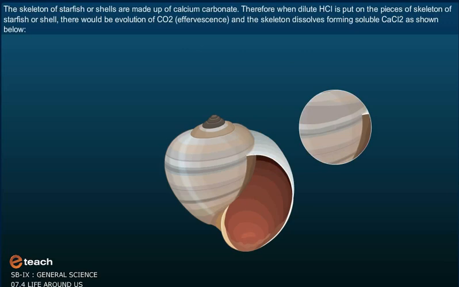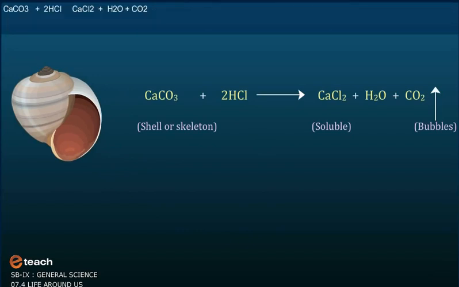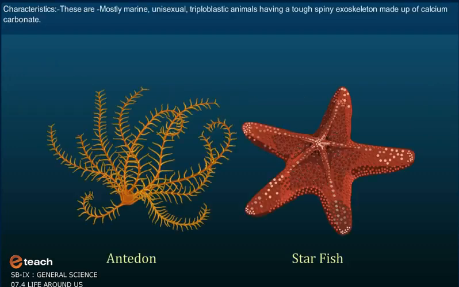Therefore, when dilute HCl is put on the pieces of skeleton of starfish or shell, there would be evolution of CO2, effervescence, and the skeleton dissolves, forming soluble CaCl2 as shown below. CaCO3 + 2HCl → CaCl2 + H2O + CO2.